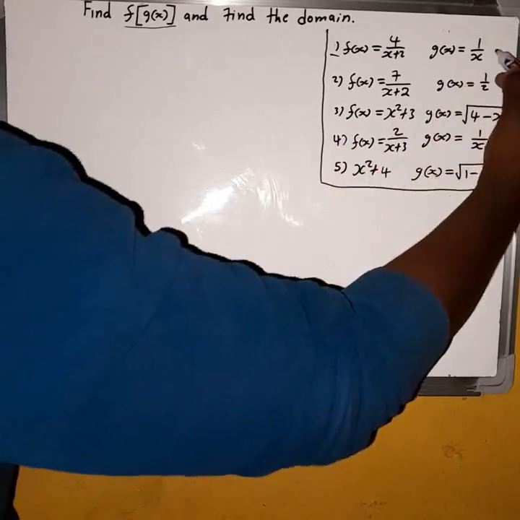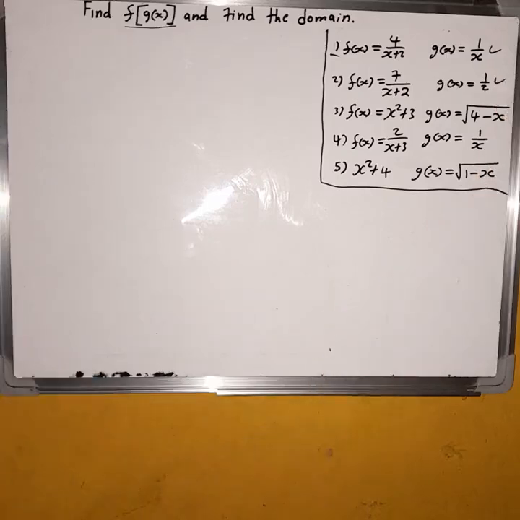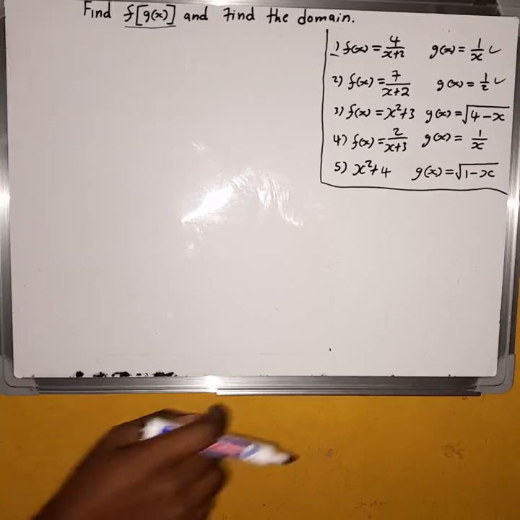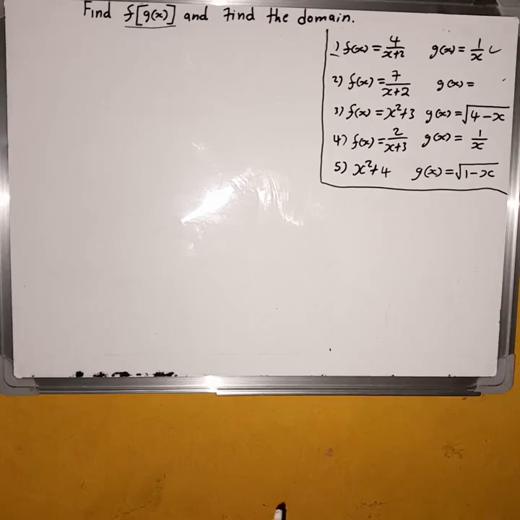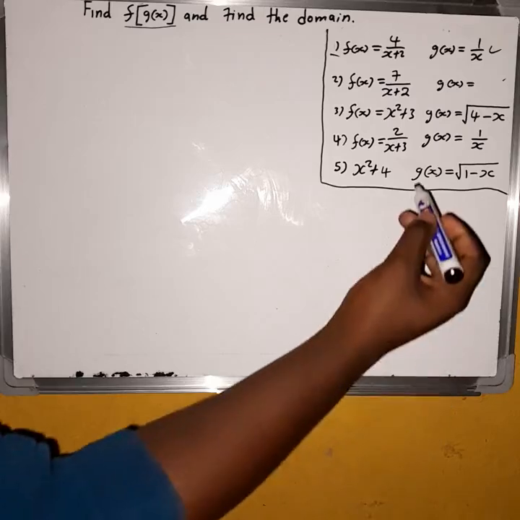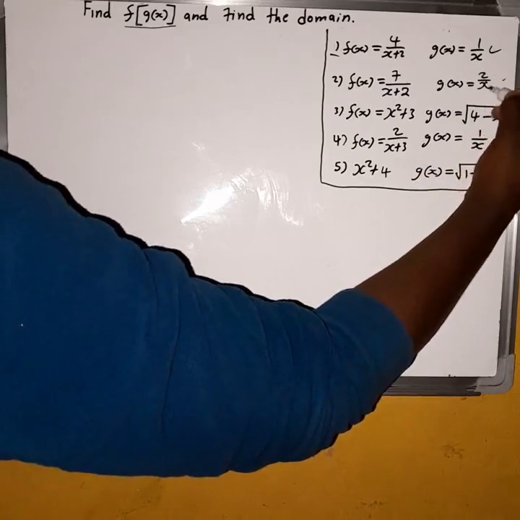Right, we are done with this. Let's go to the next one. That is 7, and that must be equal to 2/x, right?